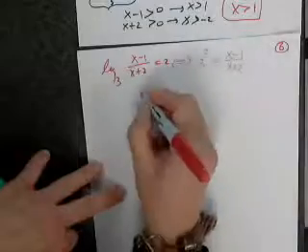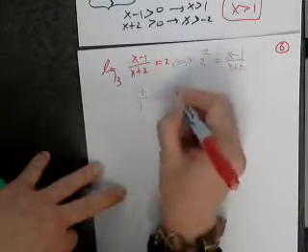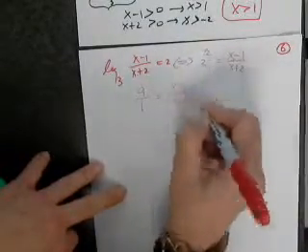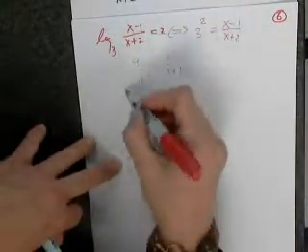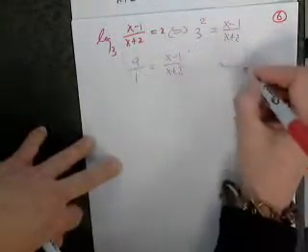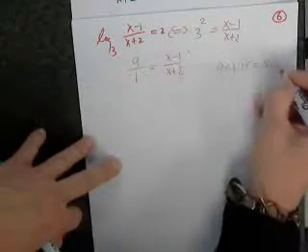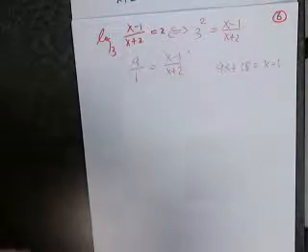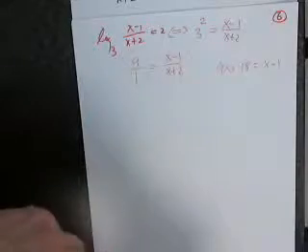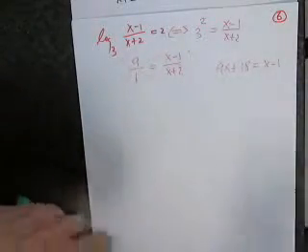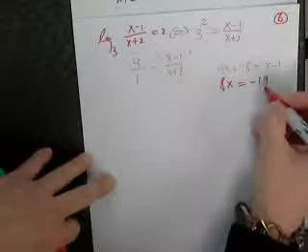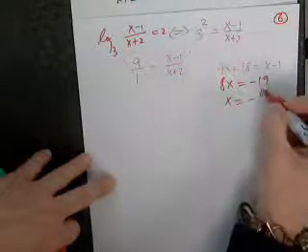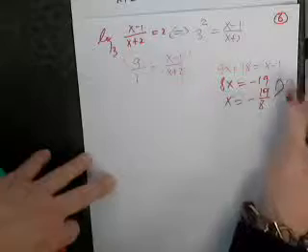Very good. So then I have 9 over 1 equals x minus 1 over x plus 2. And I know what to do next. Exactly. So 9x plus 18 equals x minus 1. Now I subtract x, I get 8x. And I subtract 18, I get negative 19. So I get x equals negative 19 over 8.